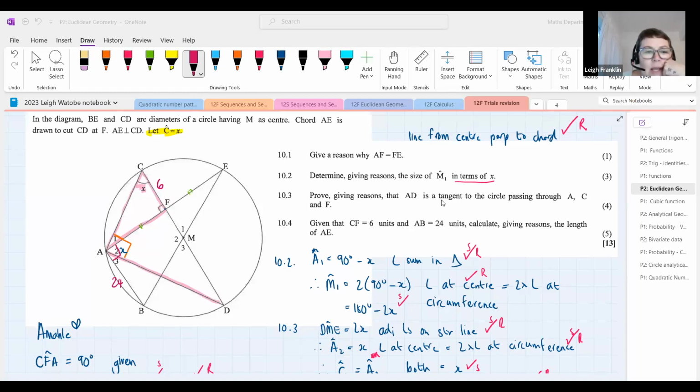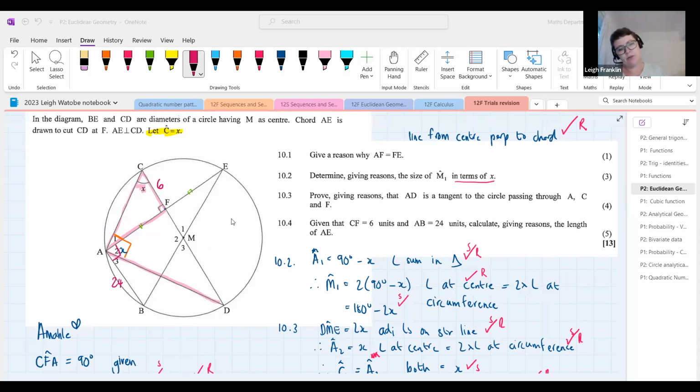I agree, CM equals MD and BM equals ME. They're all radii. But why 6 units? I don't understand why you guys are saying 6 times 3.